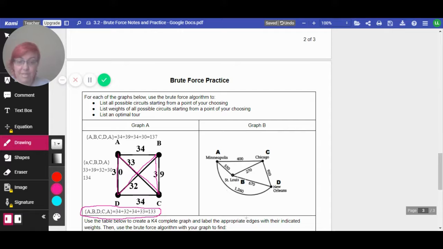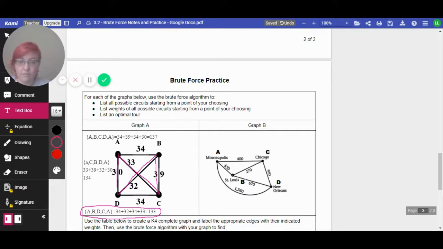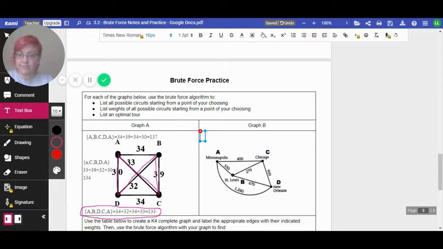Let's try B. I already know that I'm doing A, B, C, D, A. Let's look. A to B is 550. B to C is 270.